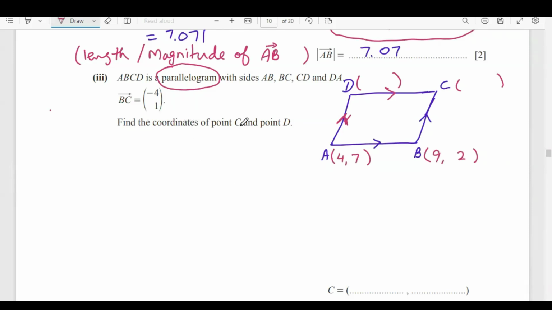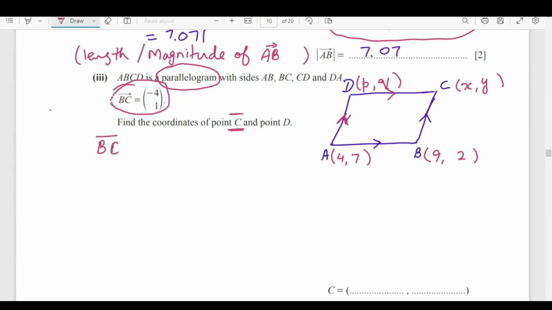Find the coordinates of points C and D. Let's assume C is X comma Y and D is P comma Q. Now, how to find this? There is a given vector BC. With the help of this vector BC, we can find C first.